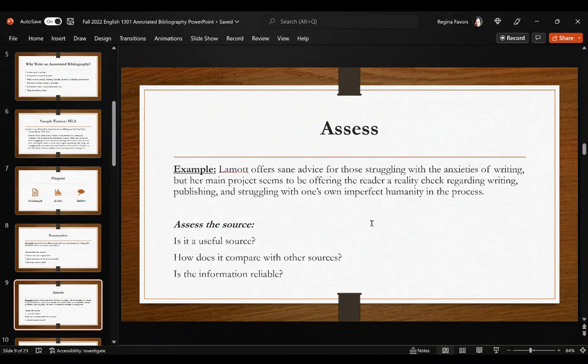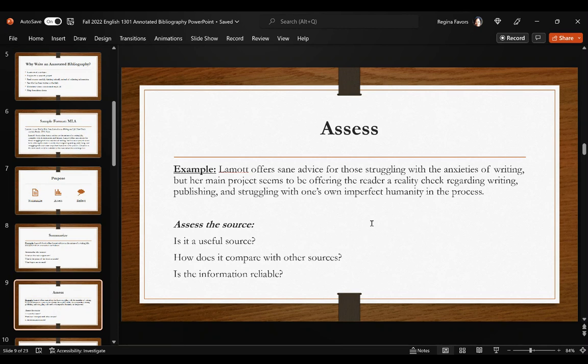So there are anxieties, but then there seems to be a reality check that Lamott wants to give the person reading the work: the anxiety is not just with the writing process in itself, but also being able to market the book, to give it a marketable appeal, promote it, right?